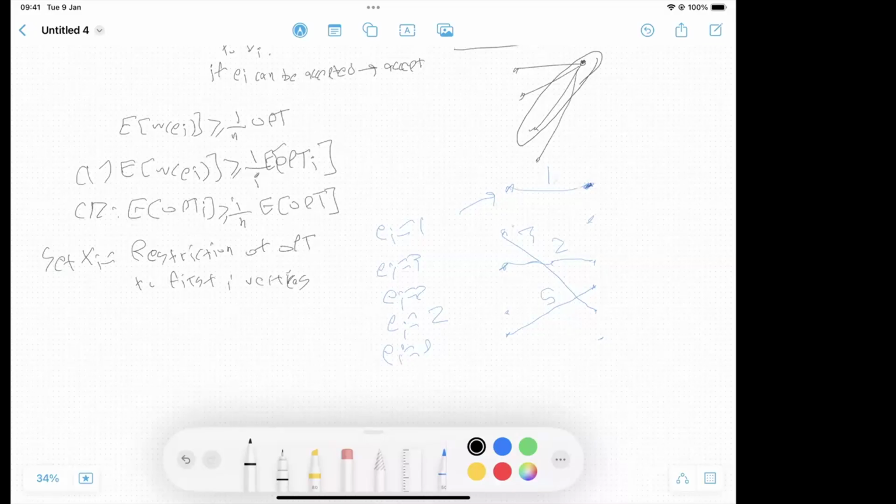This is essentially opt restricted, something that we know is less than opt of I. Yeah, exactly.